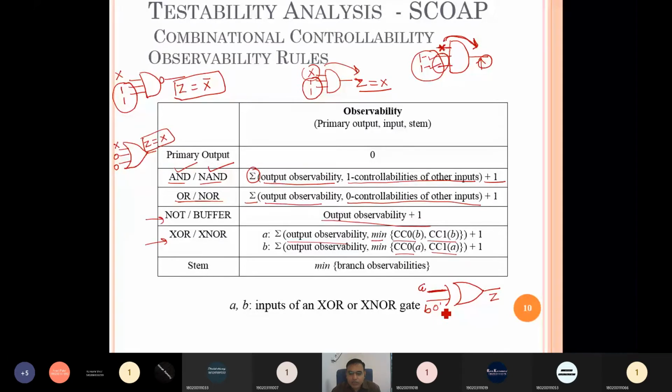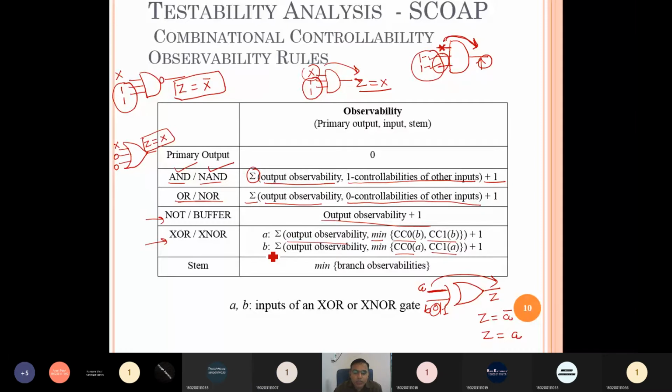In both cases we can observe this A at the primary output. If we set B as a 0, then Z is equal to A, and when B is equal to 1, then Z is equal to A bar, right? So in both cases we can observe. So that's why it is a minimum of CC0B and CC1B.